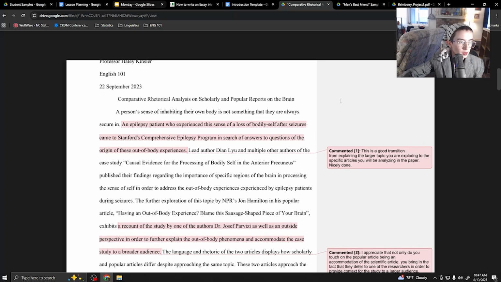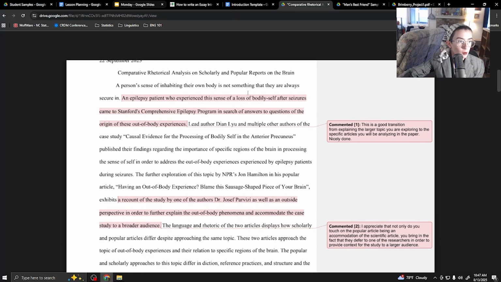So the first thing that they open with is that a person's sense of inhabiting their own body is not something that they are always secure in, which is somewhat intriguing, right? They're giving a sense of the broader topic that the two articles are talking about.